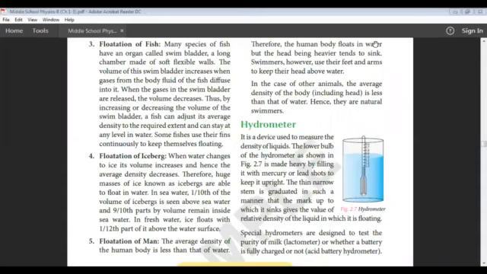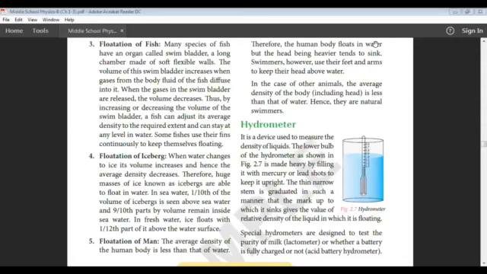And we see many icebergs in the seawater, and in those icebergs only 1 out of the 10 parts of volume of the iceberg is seen above the seawater, and 9 parts out of the 10 parts by volume remain inside the seawater.